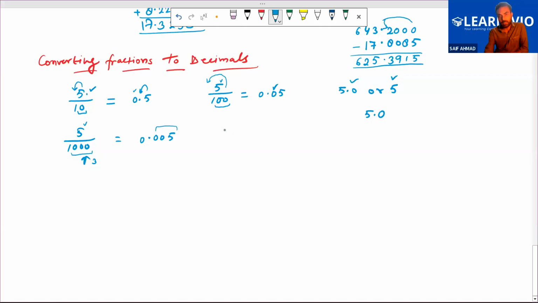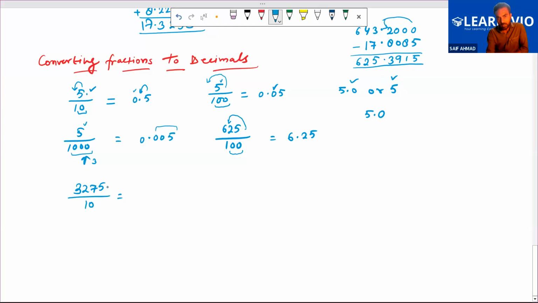For example, I'm taking 625 upon 100. Now the decimal is hidden here after the digit. Here is 00, so the decimal comes before two digits. It becomes 6.25. Understood? Next, 3275 upon 10.